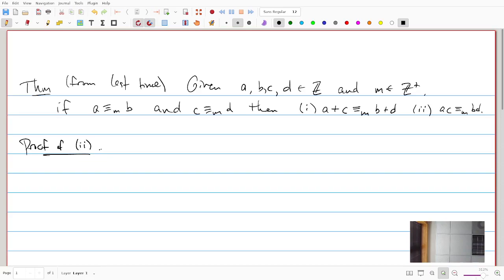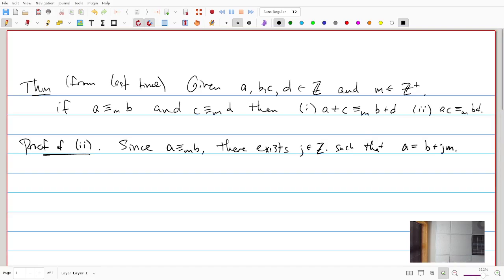And the proof is going to be kind of similar to the proof that we did before. Just another example. So, since A is equivalent to B, there exists an integer J such that A equals B plus JM.